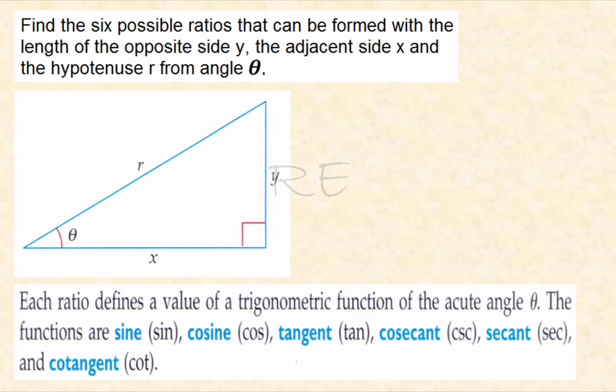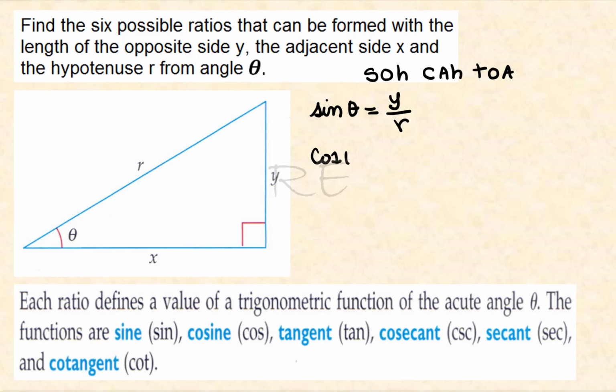Find the 6 possible ratios that can be formed with the length of the opposite side y, the adjacent side x, and the hypotenuse r from angle theta. And we find these ratios by using SOHCAHTOA. The first one is called sine theta, and it's the opposite, y, over the hypotenuse, which is r.